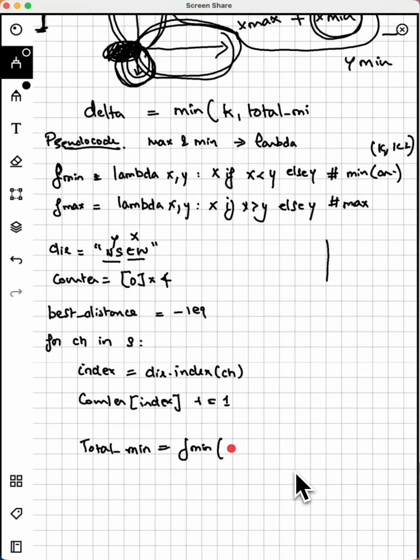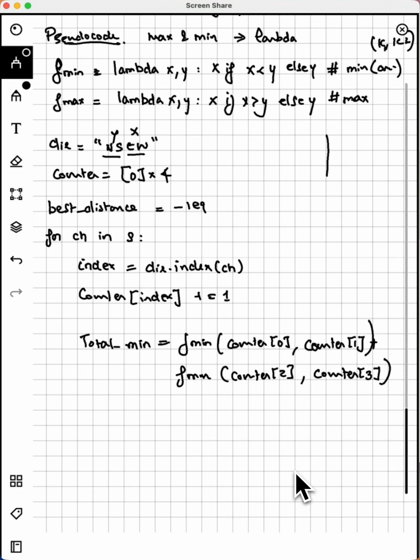So we can say f min of counter of 0 comma counter of 1 plus f min of counter of 2 comma counter of 3. So this is the total min that we are taking in both of these directions.